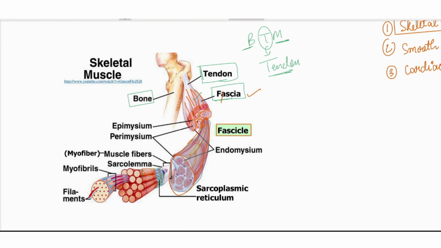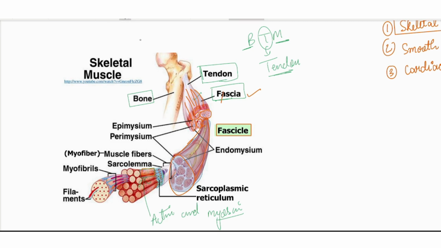So this is the sarcomere. Inside the sarcomere we have the actin and the myosin arrangement. Okay, actin and myosin arrangement. In detail we will study actin and myosin in the locomotion chapter, but basically here I am telling you how this arrangement occurs in the skeletal muscles.